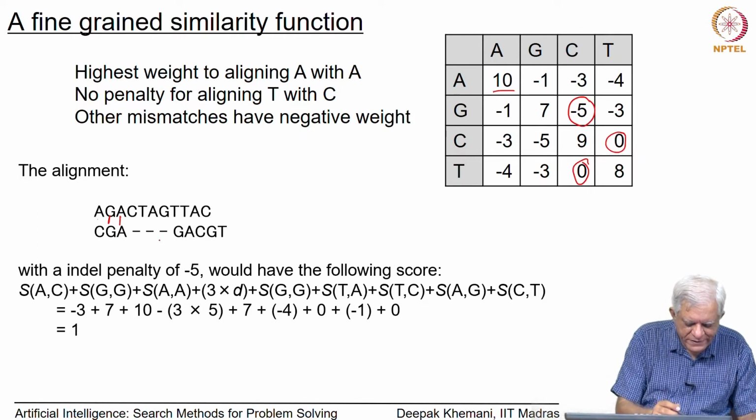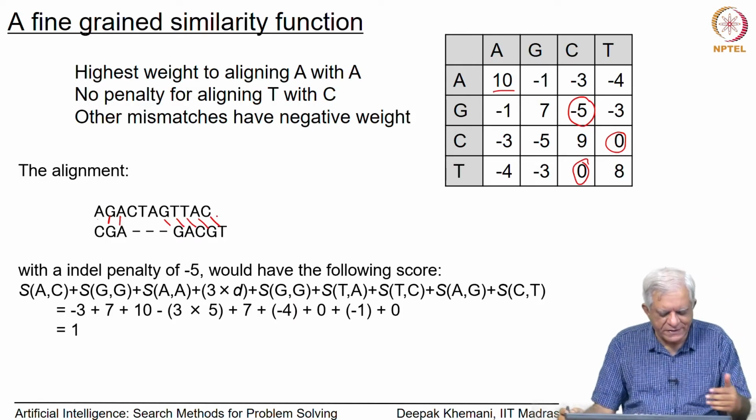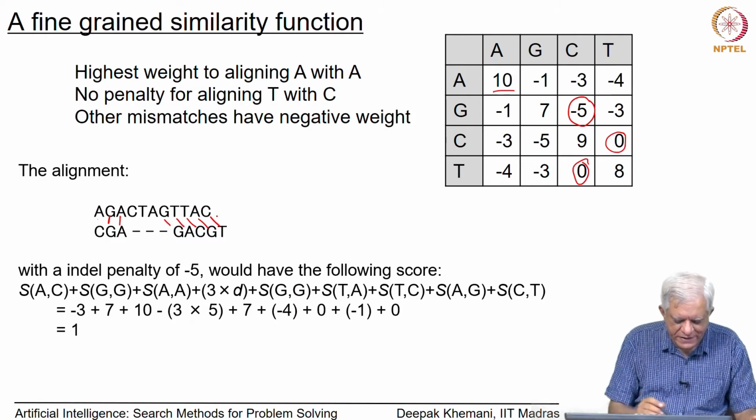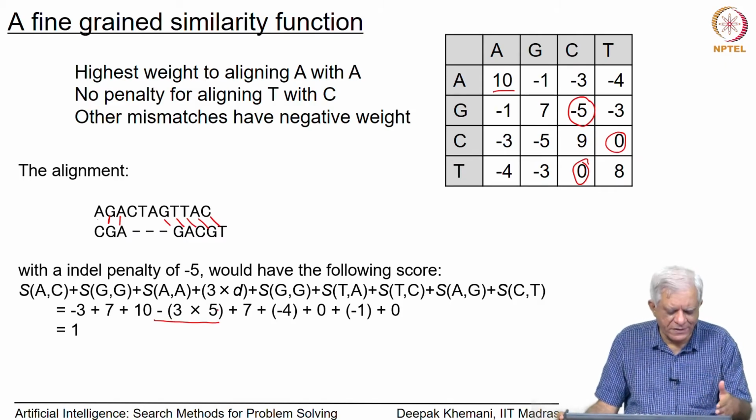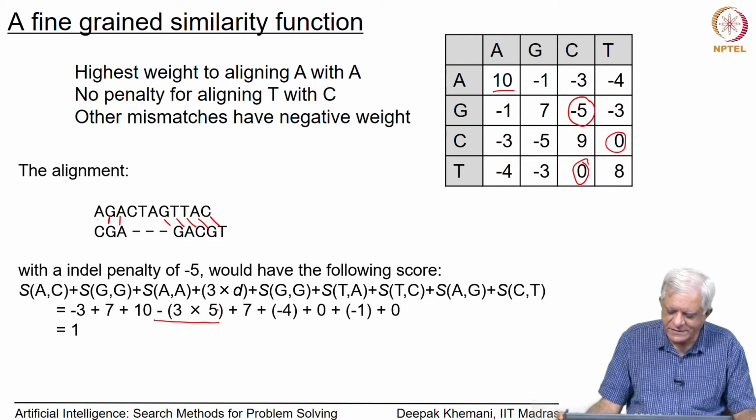The way this has been written, you may not observe that this G is actually aligning with this G, T is aligning with T, E with C, that is the alignment that is happening, and 3 gaps have been inserted, which lead to a cost of 3 into 5 subtracted from the similarity values, and the rest of the values are as given, and you can see that for this particular alignment the cost is 1.